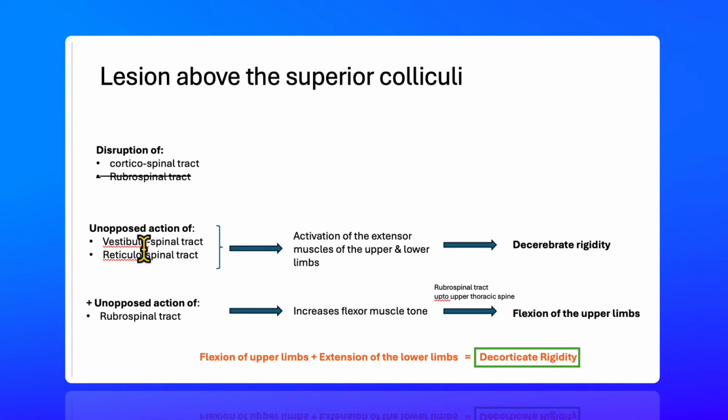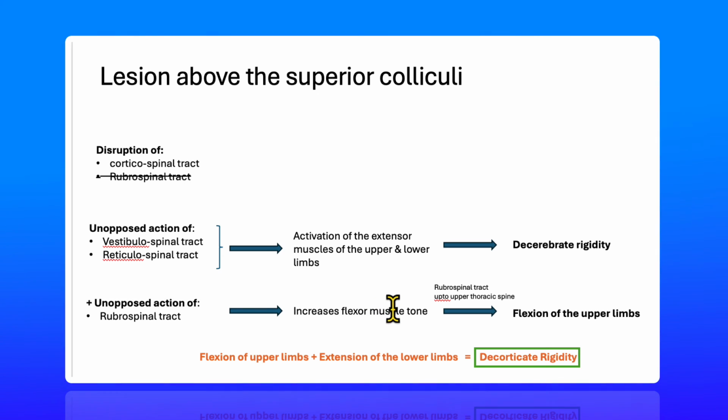So although the unopposed vestibulospinal tract and the reticulospinal tract lead to decerebrate rigidity, the rubrospinal tract is not inhibited by the motor cortex or the higher centers. The unopposed rubrospinal tract, the activity in that, leads to flexion, increased tone in the flexor muscles.